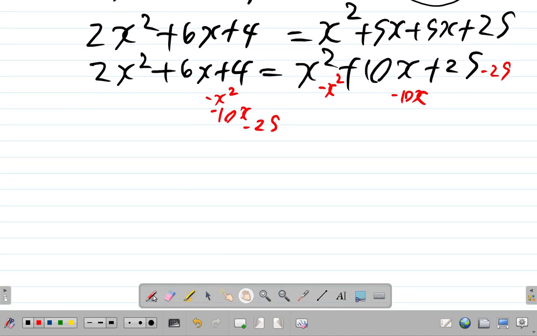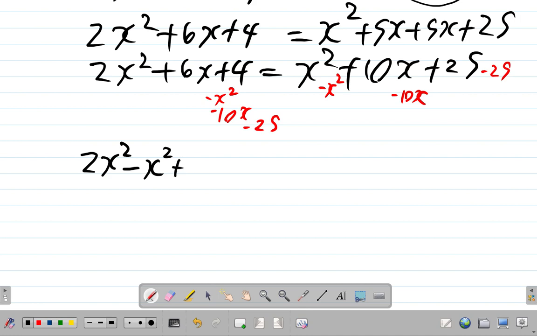So, what happened? Over the left, you're going to say 2x squared plus 6x minus... oh, you're not ready for the 6x yet. 2x squared minus x squared, good.